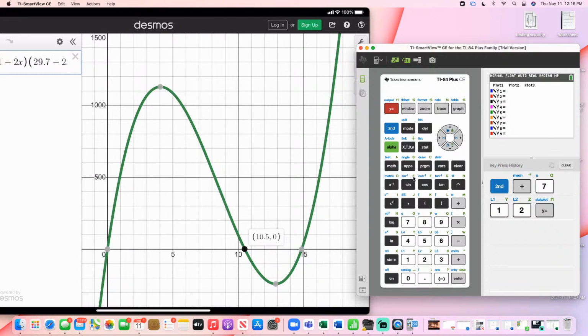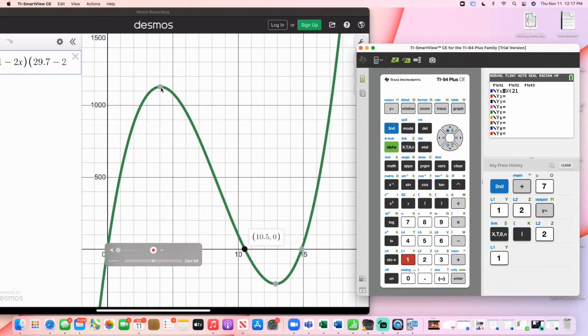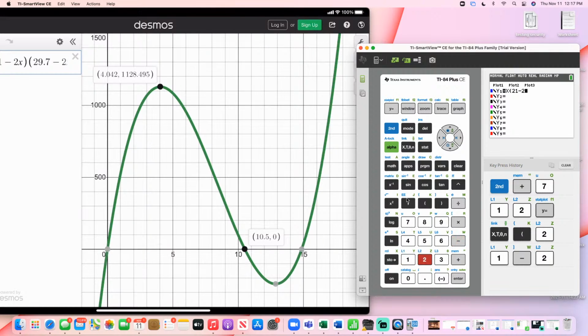Y equals, and you're going to type in x, parenthesis, 21 minus 2x, right? X is right here.